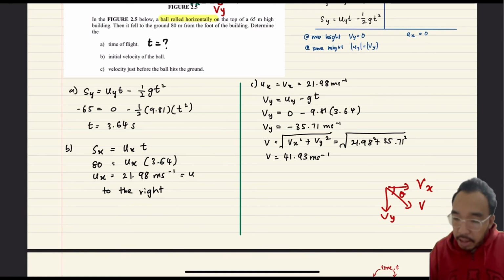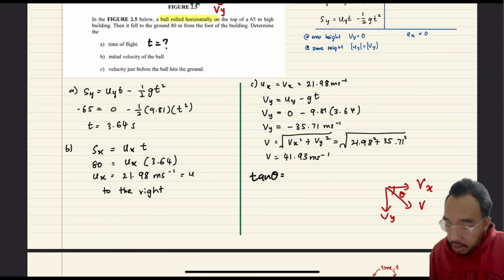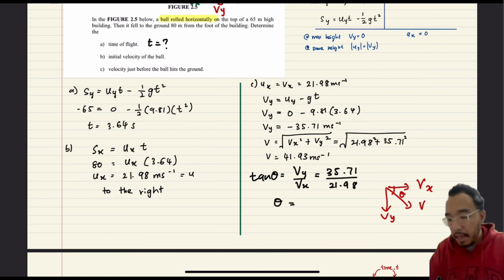If I put the theta over here, straight away I can use tangent theta equals Vy over Vx, which is equal to 35.71 over 21.98. I just substitute the magnitude because I already drew the diagram, so I know exactly where the location of the angle is.